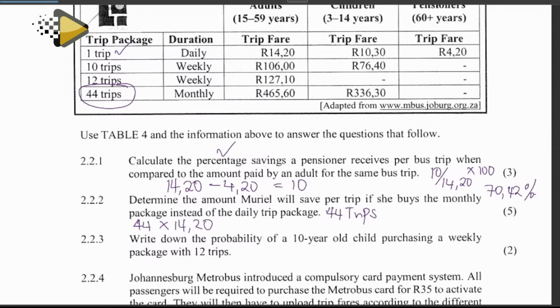So now we shall take it to be, because we are considering monthly, monthly has 44 trips. Then daily, it's a trip. Meaning, we shall compare the two and we find out and say, determine the amount Miro will save per trip if she buys a monthly package instead of a daily trip package. So daily, if we are going to compare 44 trips, how much will you have saved?